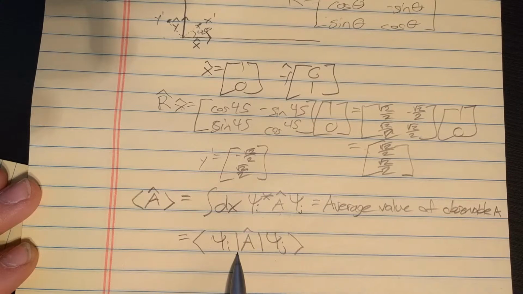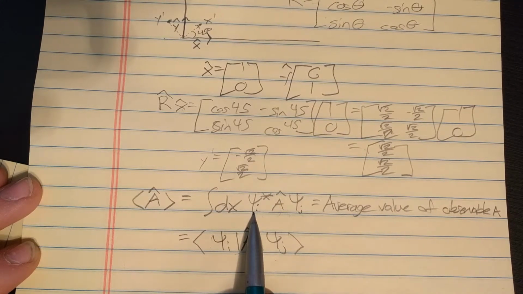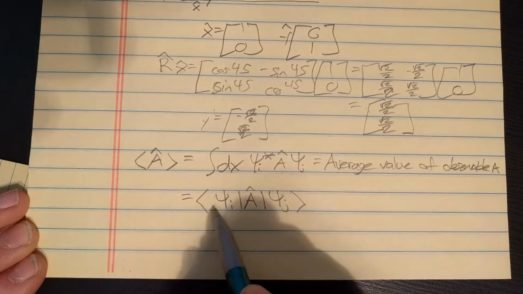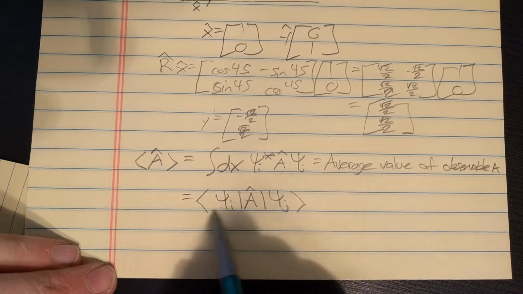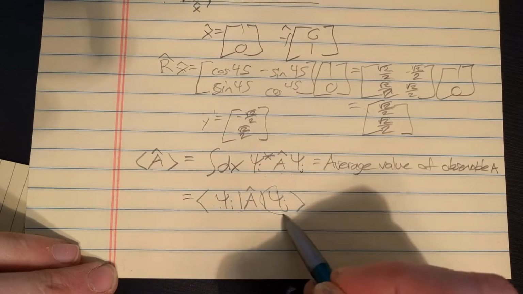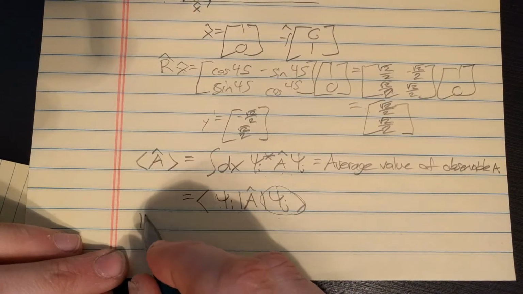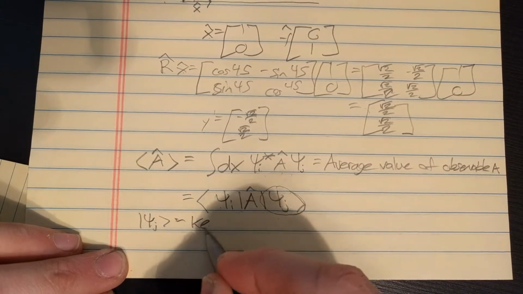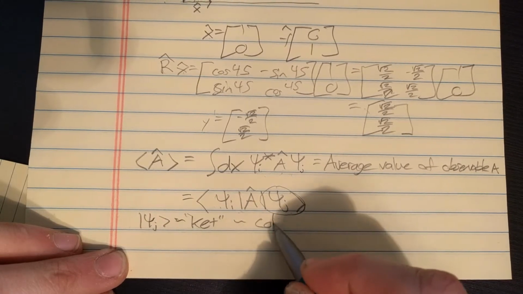So let's go into this Dirac notation a little bit more, because I find it easier to work with than thinking about these integrals. We have three different parts in our Dirac notation we've written down here. We have this part, and this part is called the ket. So psi j, this is called the ket, and you can think of it as a column vector.